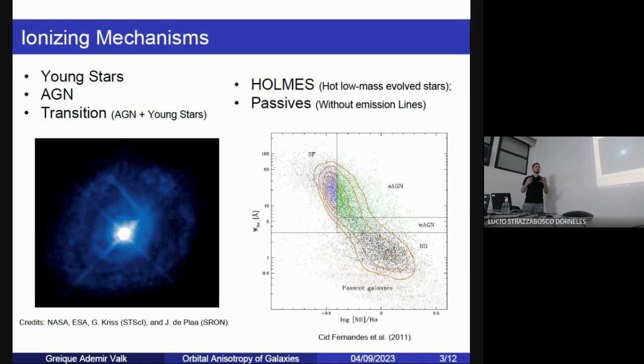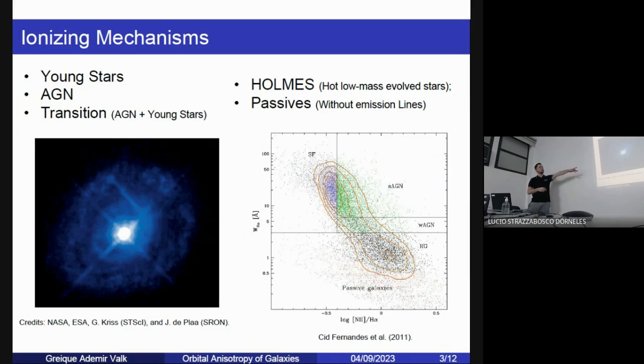We can also have galaxies with AGN plus young stars, and we call these transition galaxies. We also have hot low mass evolved stars ionizing the gas, and in galaxies where we don't have emission lines, we call these passive galaxies.